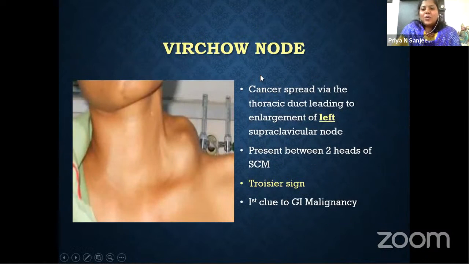This is when metastatic cancer spreads via the thoracic duct, which leads to the enlargement of the left supraclavicular node, and it is characteristically present between the two heads of the sternocleidomastoid. This particular enlarged node is known as Virchow's node, and this can be a first clue in gastrointestinal malignancy. In that situation, it is called Troisier's sign. So that is the importance of enlargement of the left supraclavicular node, because there is spread via the thoracic duct on the left side.